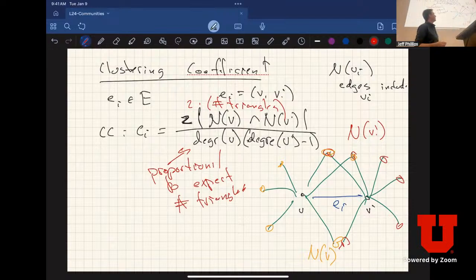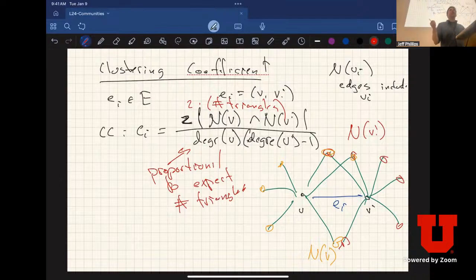So if I'm friends with Taylor Swift on Instagram, right, then she's going to have a lot of edges, and I may not have as many edges, but I want this to be proportional to the number of possible friends that we both have. So that would be the clustering coefficient of this edge.